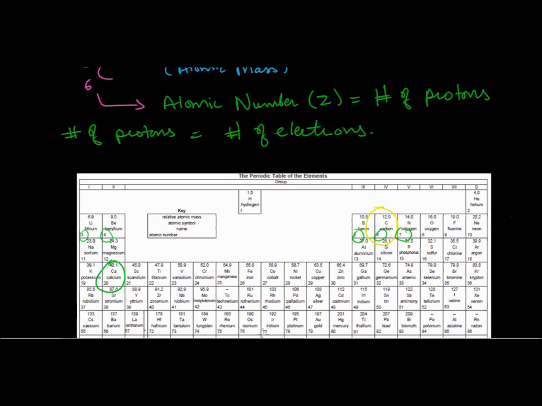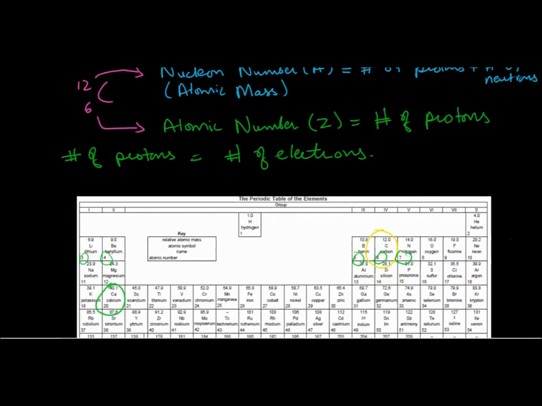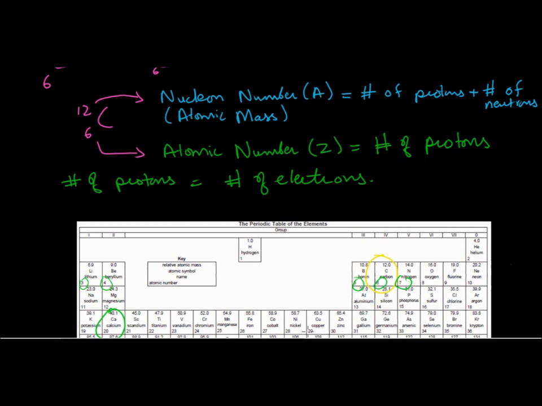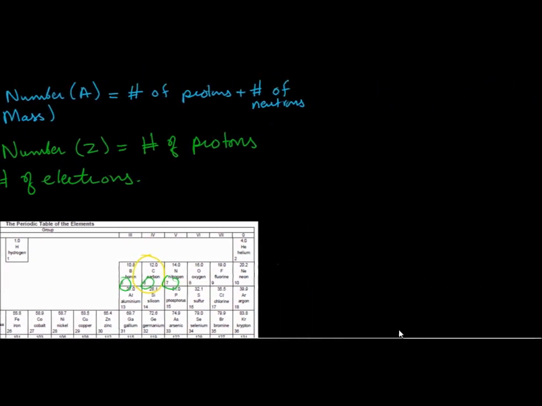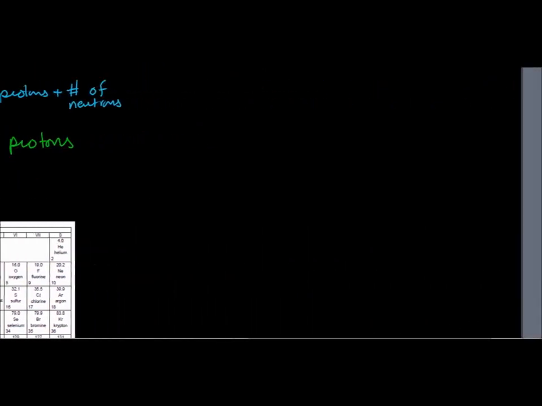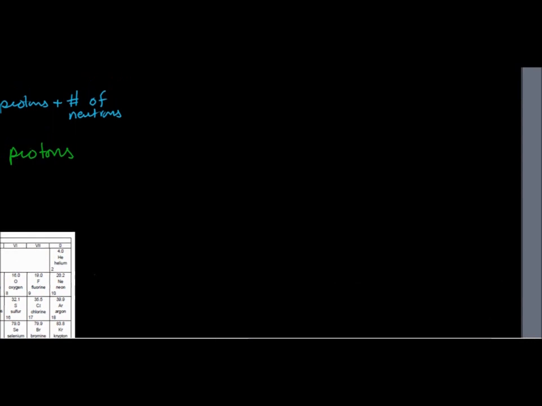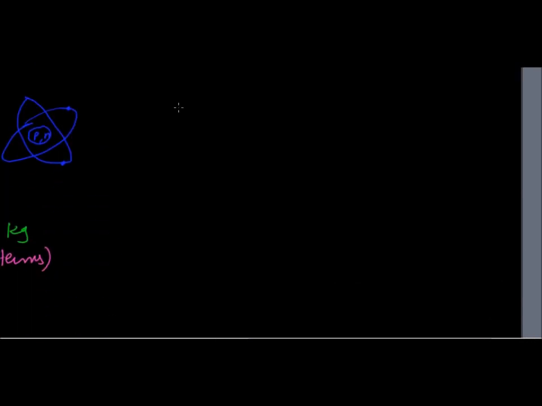Now let's do some examples where we calculate number of protons, neutrons. We'll do a simple example. Alright, simple example. So first we'll do strontium, which has a nucleon number or atomic mass number of 84 and an atomic number 38.